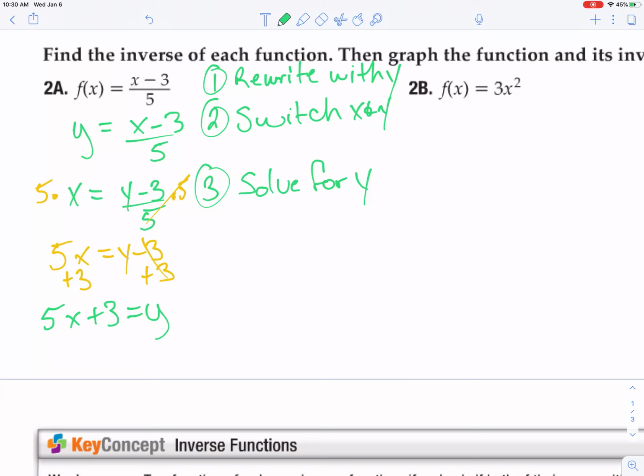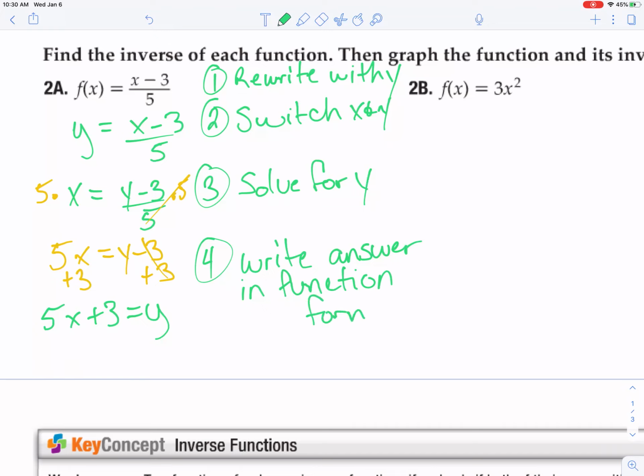So then from there, with step 4, the last thing you're going to do is write your answer in function form. Or function notation is probably what I should have written instead.